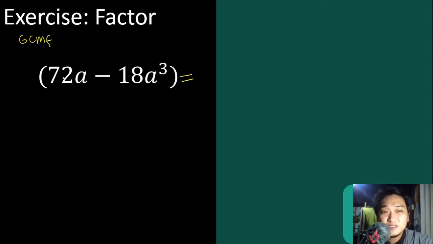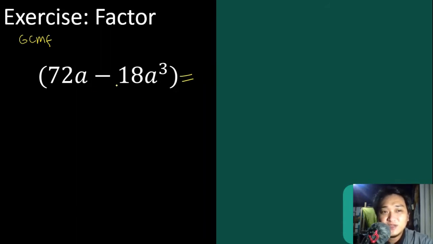So, in this case, halatang-halata na meron siyang GCMF because of this. Meron siyang A dito, meron siyang A dito, tapos sa numbers, meron silang common factor din, si 72 at saka si 18. So, para makita agad natin yun, i-factor natin si 72 at saka si 18 into its prime factors.